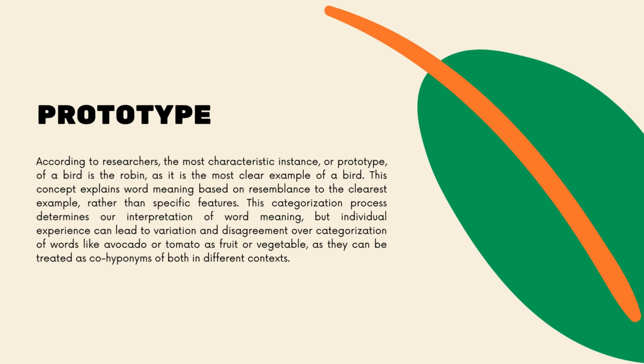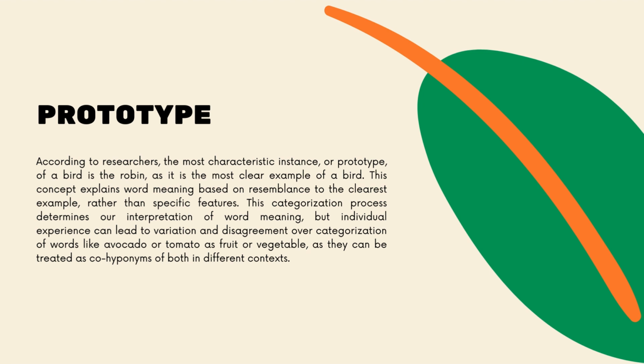Prototype. According to researchers, the most characteristic instance or prototype of a bird is the robin, as it is the most clear example of a bird. This concept explains word meaning based on resemblance to the clearest example, rather than specific features.